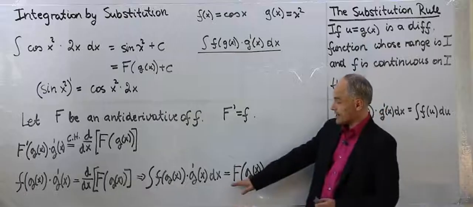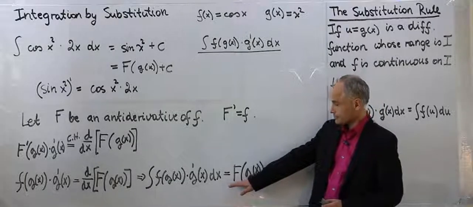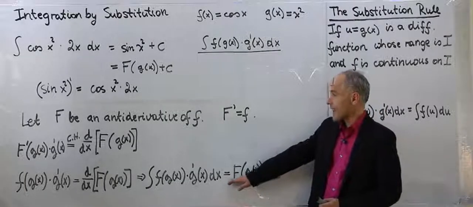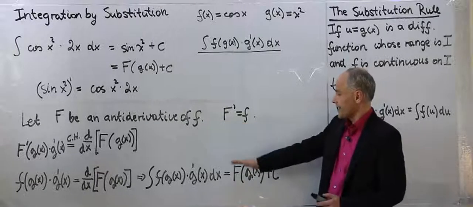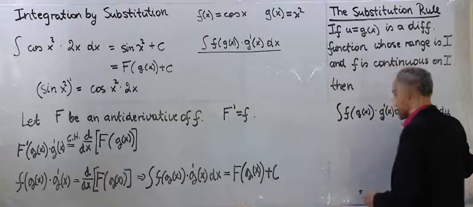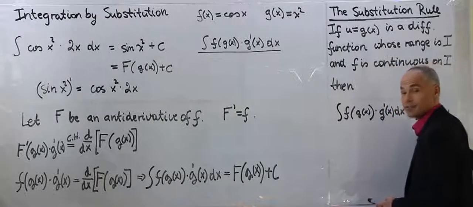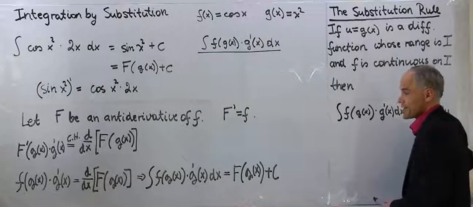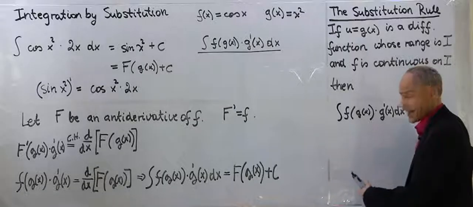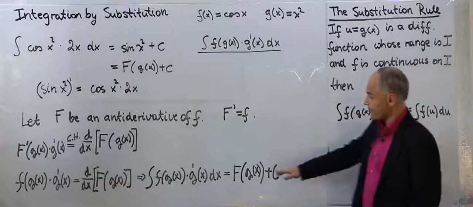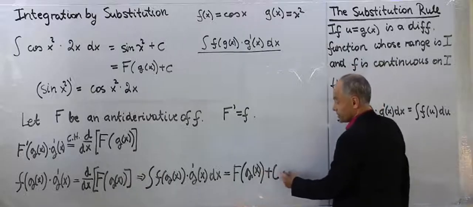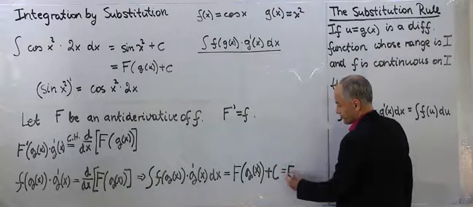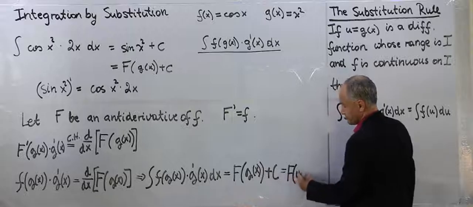But the right-hand side, capital F being an antiderivative of lowercase f, is actually exactly equal to the integral of lowercase f. But once you get that antiderivative, we're evaluating it at g of x, which is u. So let me write this down.